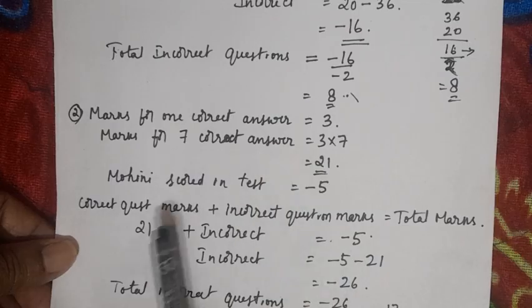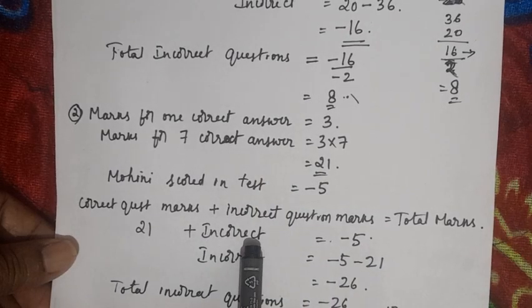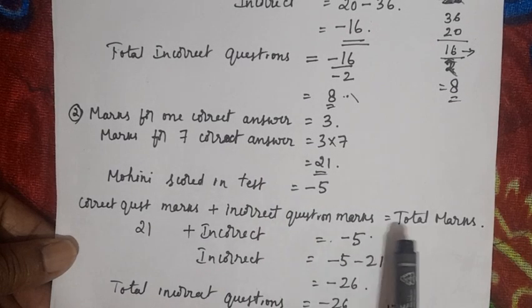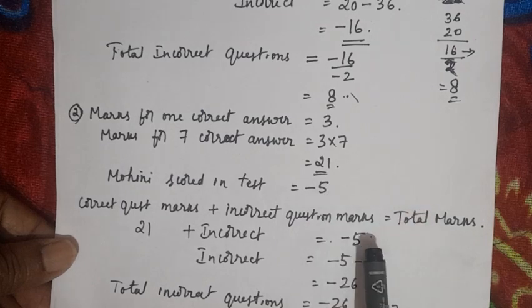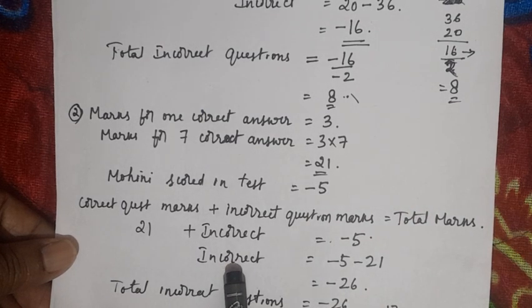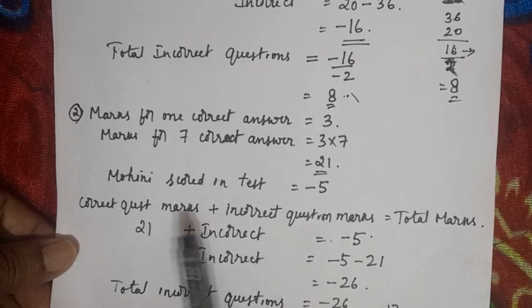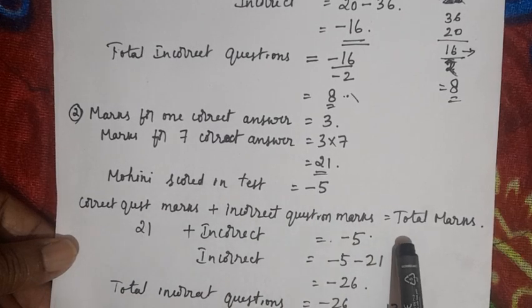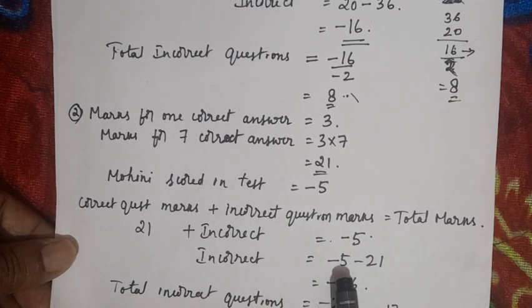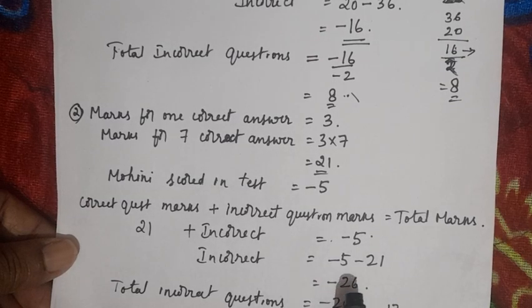So 21 marks plus incorrect question marks is equal to total marks. Total marks she got is -5. So therefore incorrect question marks is equal to -5. If 21 comes to the right hand side of the equation, it is -21. So -26. She got -26 marks in that test.